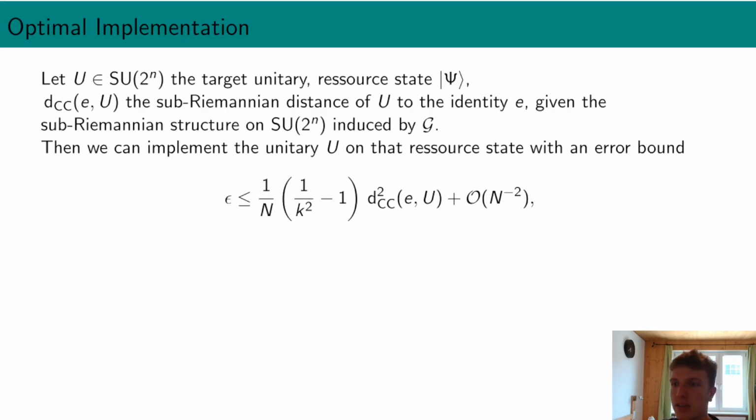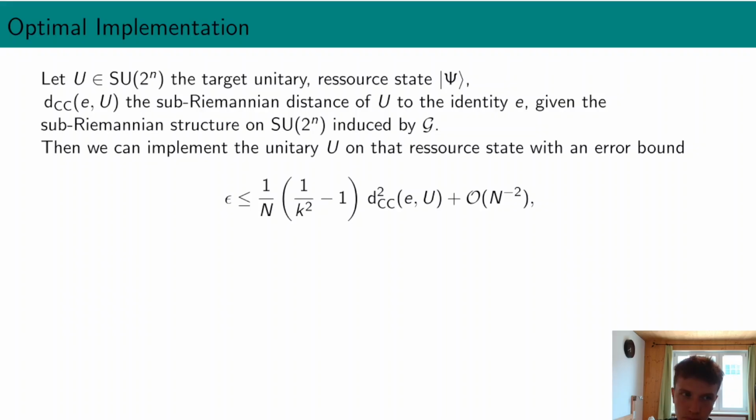Given that we can only do this set of generators G, we have a sub-Riemannian structure on the Lie group of special unitaries, and with that we define the sub-Riemannian distance of the unitary to the identity, and we can implement this unitary on that resource state with this error bound, and that is our result, our theorem 1, so to say.